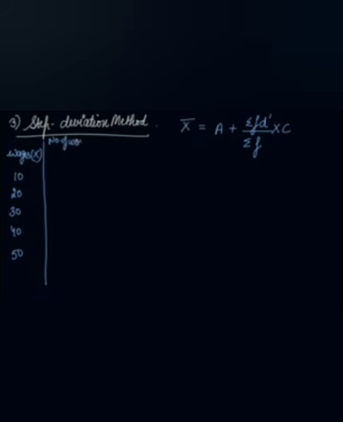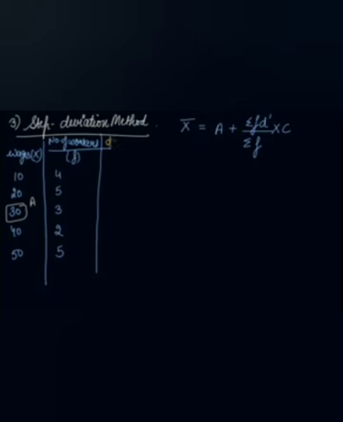The number of workers were 4, 5, 3, 2 and 5, right? So this is the frequency. First step, we'll do the same as the shortcut method. We'll take the assumed mean as 30.